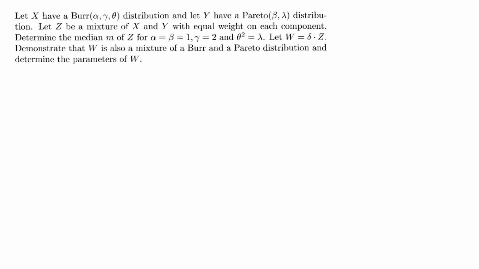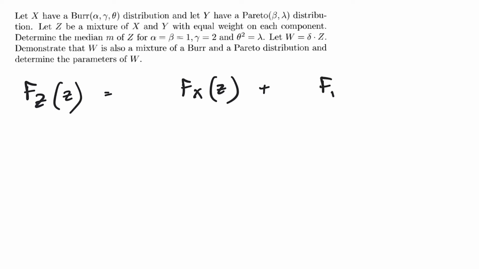Now, the random variable z is a mixture of the random variables x and y with equal weight on each component. So this means that the cumulative distribution function of z is the weighted sum of the cumulative distribution functions of x and y, where the weights are equal to 1 over 2.